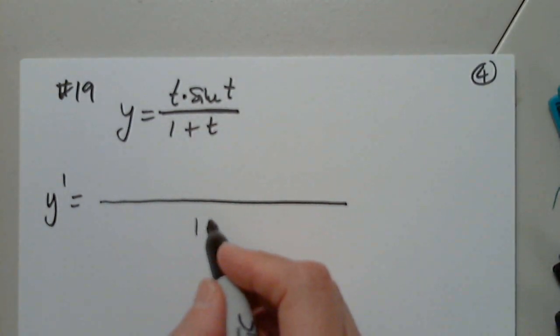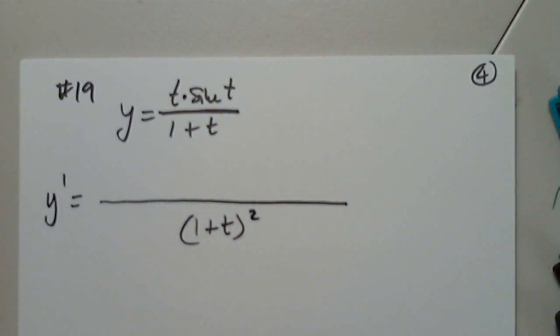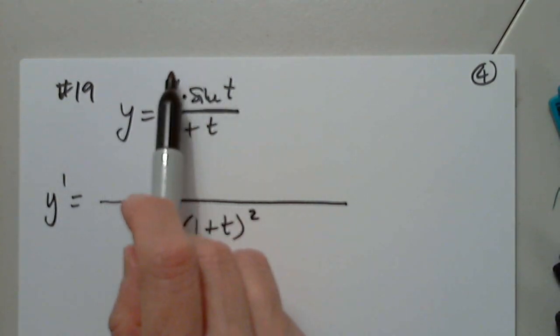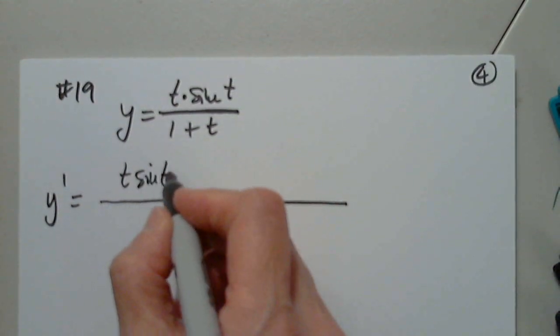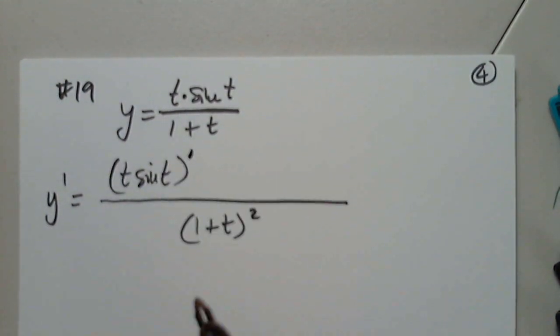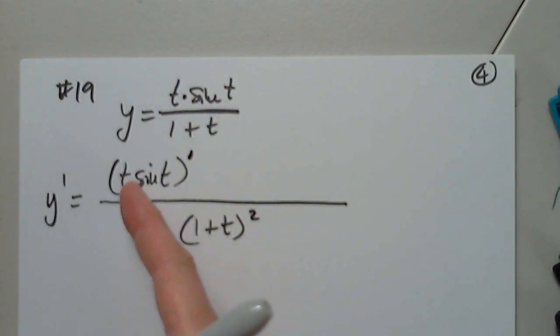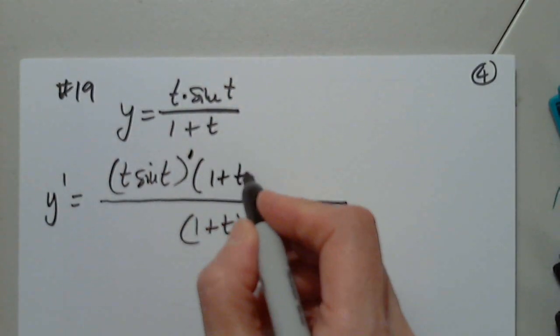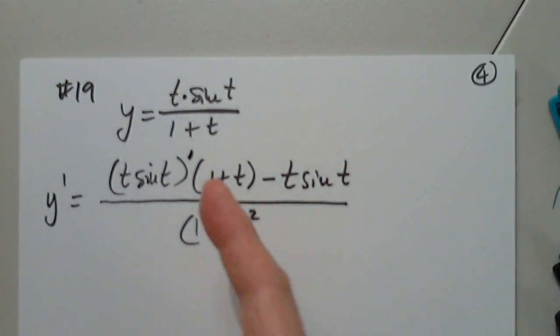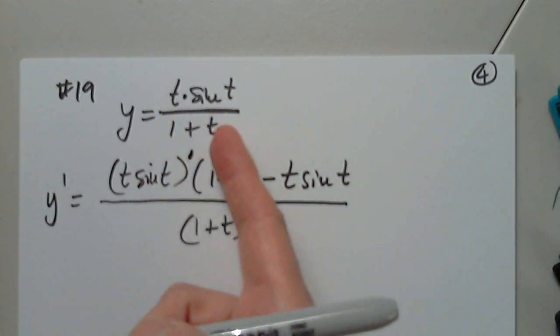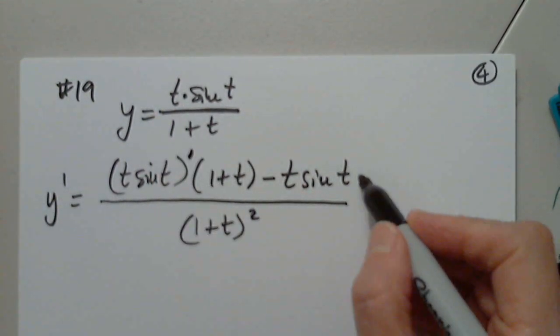this squared. So now, the top function prime, let's write it like this first. First, top function prime times the bottom one minus the top times the denominator prime. Can anyone give us the denominator prime so I can put it here?